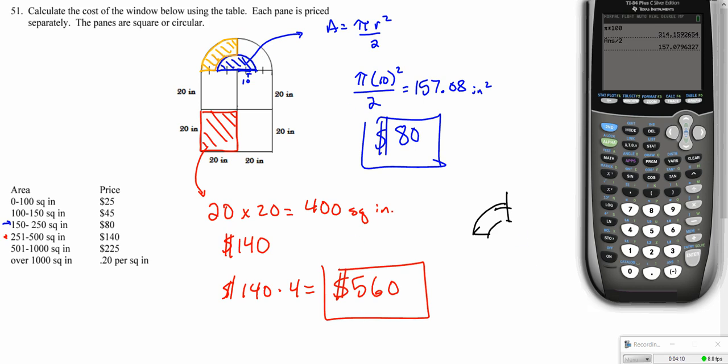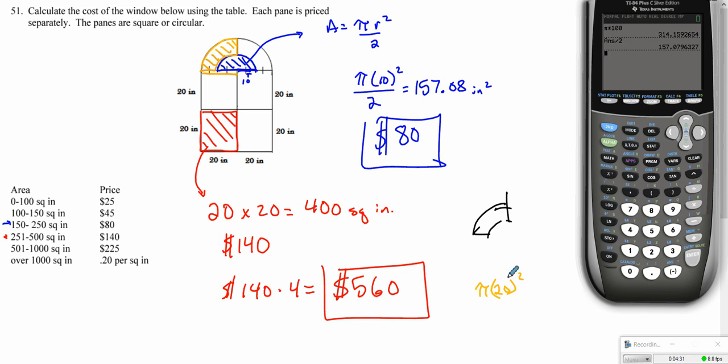So let's do that again. If you need to, feel free to rewind and listen to it again. The big circle has a radius of 20, so pi times 20 squared is the big circle.